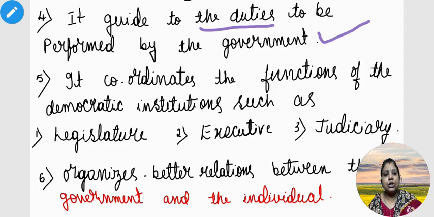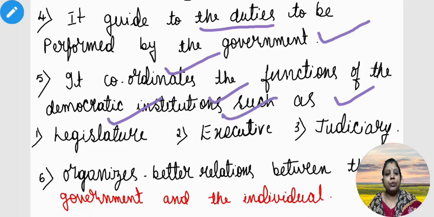Our Constitution also coordinates the functions of the democratic institutions such as legislature, executive and judiciary. The legislature prepares the laws and the executive executes the laws given by the legislature. The judiciary will solve the problems and disputes that arise in the country.